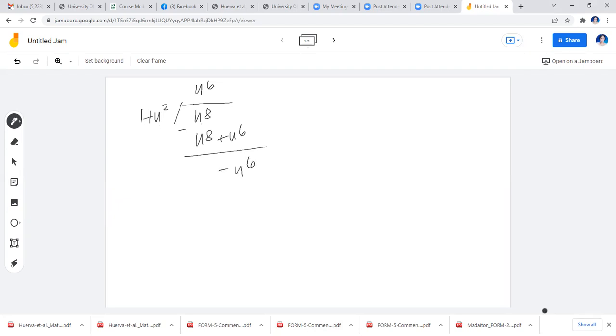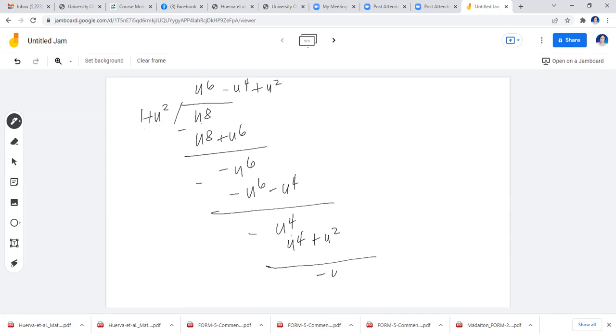And divide this, you will have negative u raised to 4. Then multiply this with this, so you have negative u raised to 6 minus u raised to 4. Subtract again, you will have u raised to 4. This divided by this would be u squared. Multiply, you will have u raised to 4 plus u squared. Subtract. So you have negative u squared.